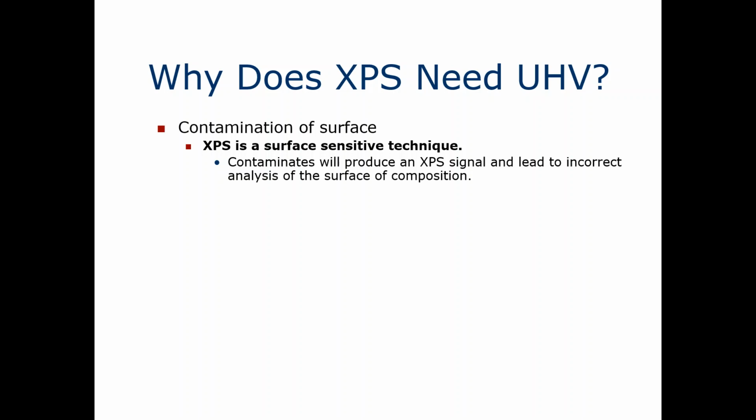We also learned that XPS is a surface sensitive technique, and there might be contaminants at the surface. Those contaminants will produce an XPS signal and lead to incorrect analysis of the surface composition. That's why, to get the correct analysis of the materials, we need ultra high vacuum.